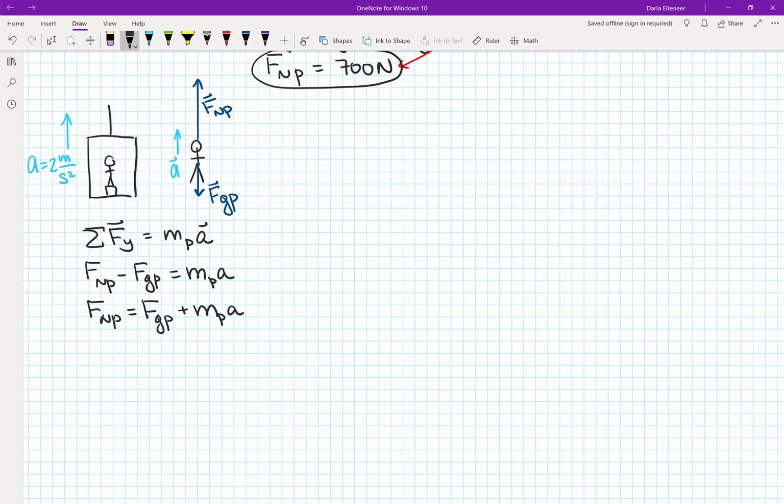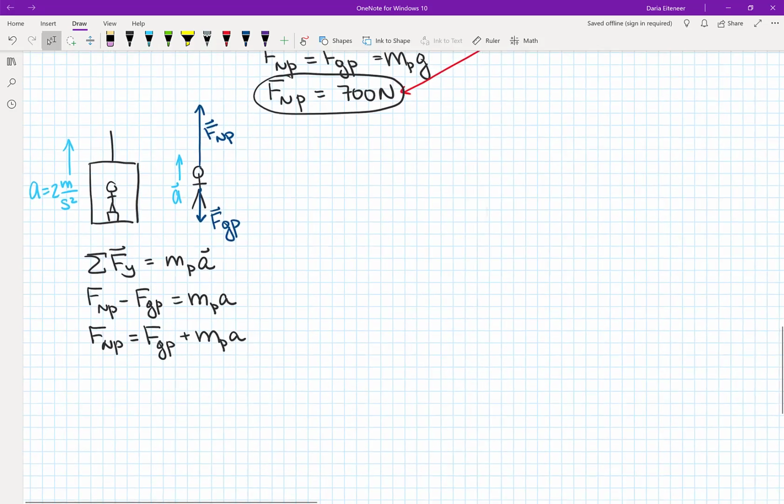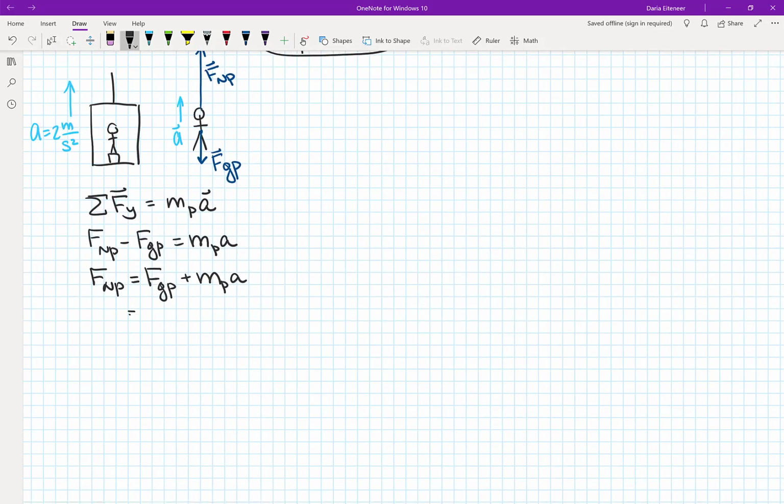Okay, we already know what FGP is, right? That we calculated in this previous part. FGP was 700 newtons. Mass of the person is still 70 kilograms. Acceleration is 2 meters per second squared. So if I do this calculation, I have 840 newtons.